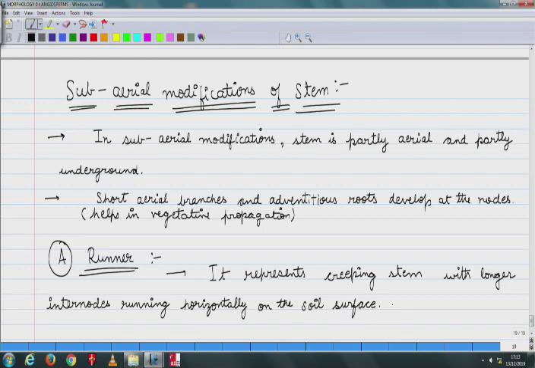Okay. Nodes have axillary buds, scale leaves, and adventitious roots.